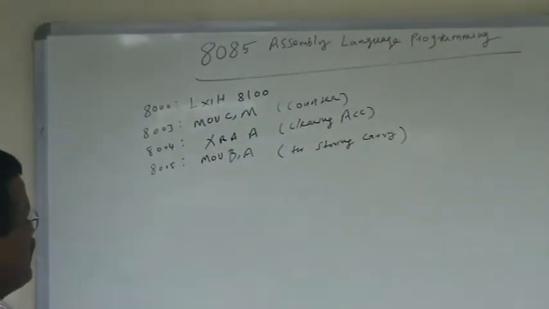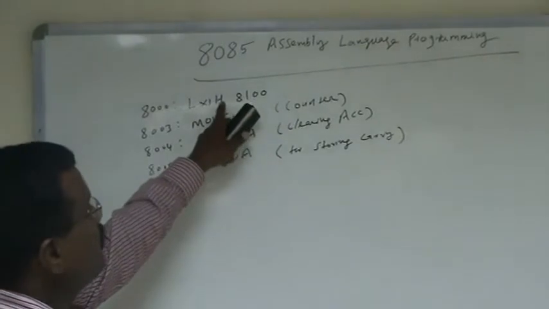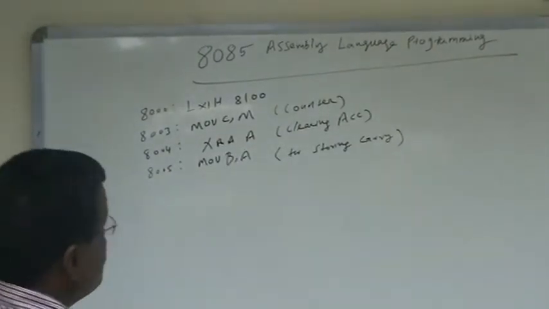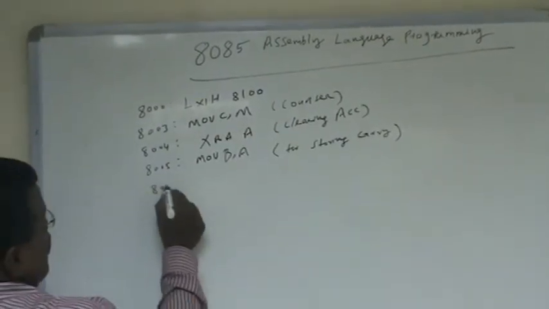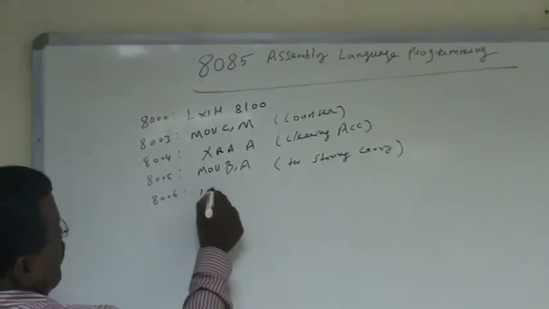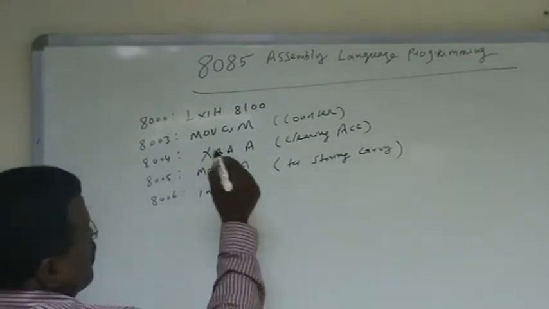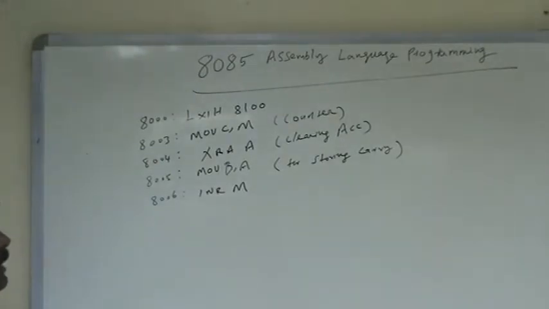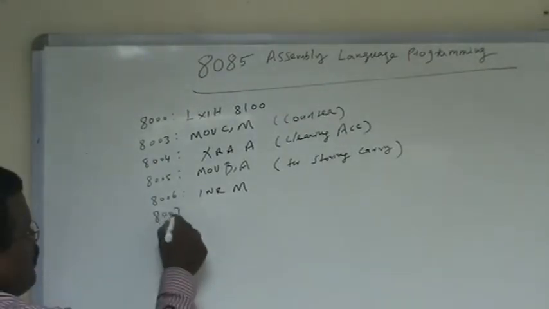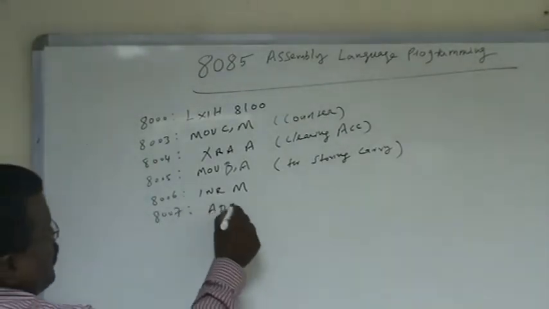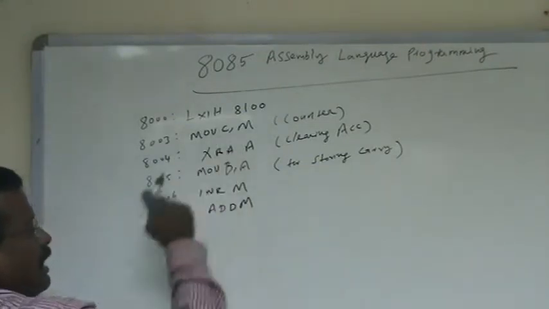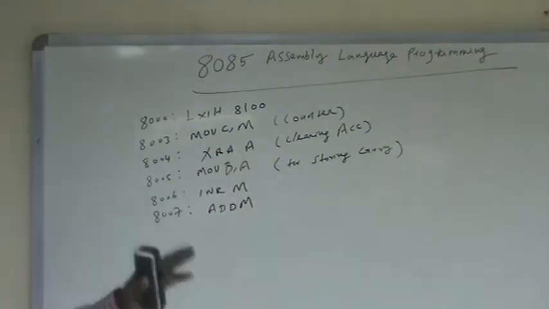Now where is the first data? It is available in the memory location of 8101. So I am incrementing the memory pointer, INX H, to point to the first data. Now 8007, ADD M. The first data is added with the accumulator, which was initially cleared.